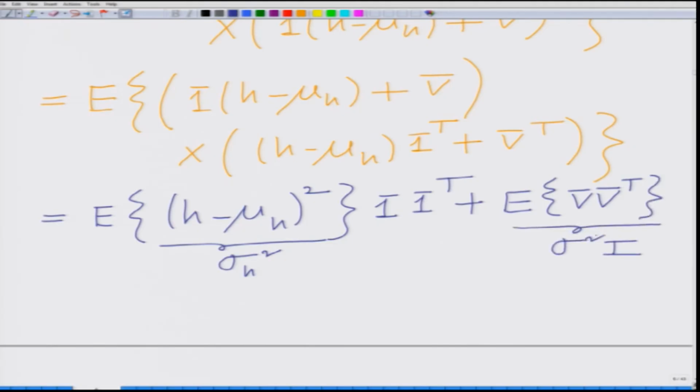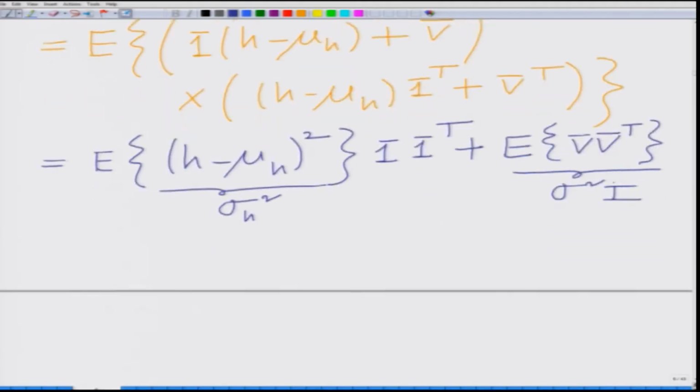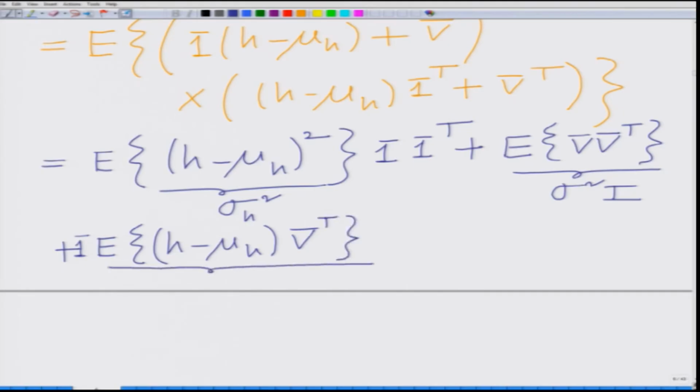Now it remains to look at the cross terms, that is the terms in the middle: the expected value of 1 bar times h minus mu h into v bar transpose. Of course, we know that the noise and the parameter are uncorrelated, so this is equal to 0.